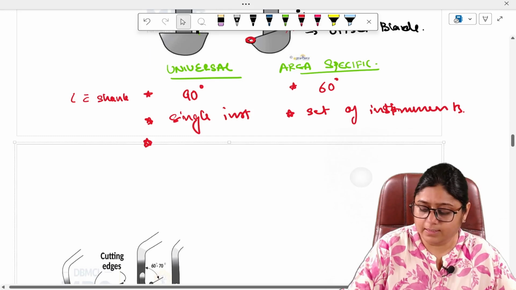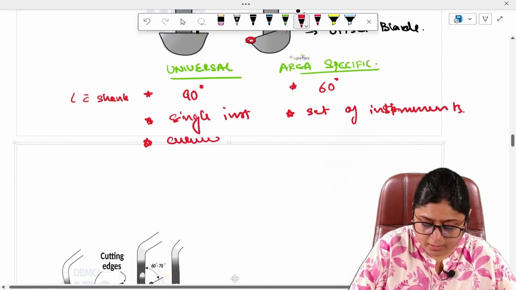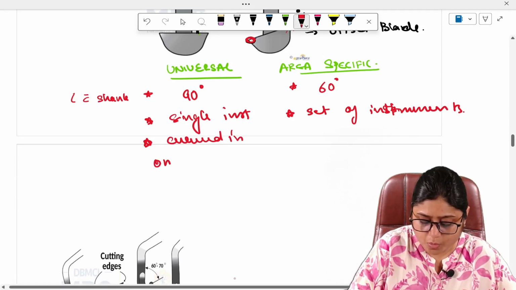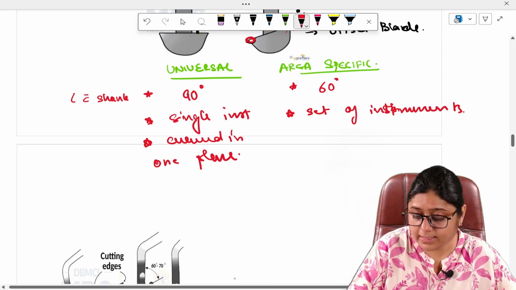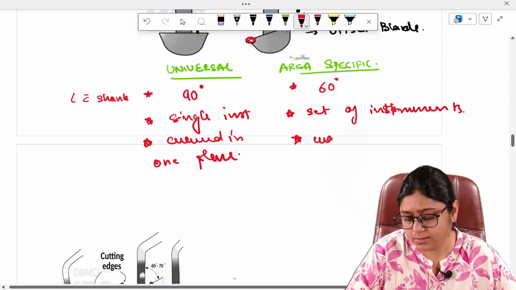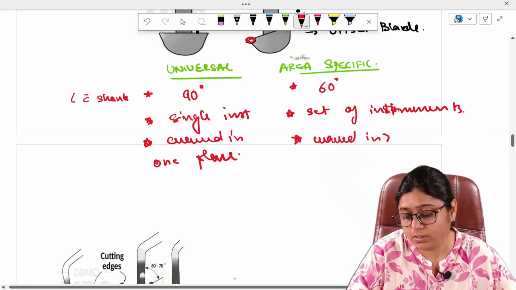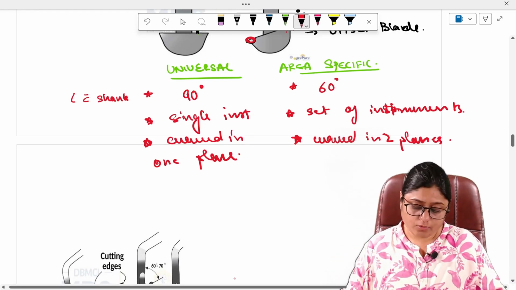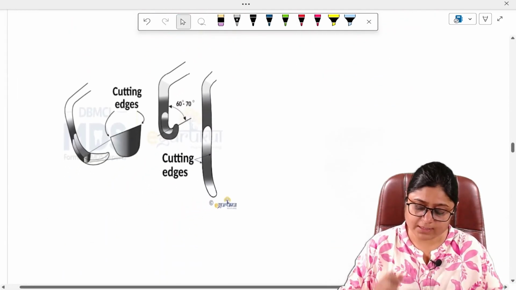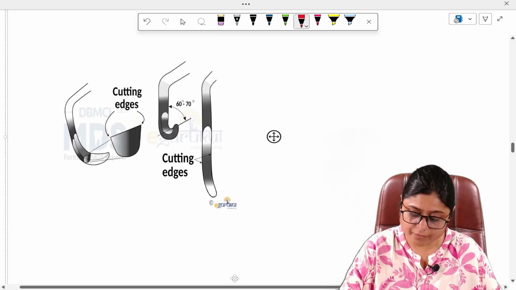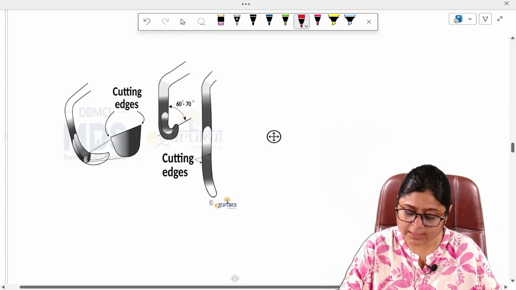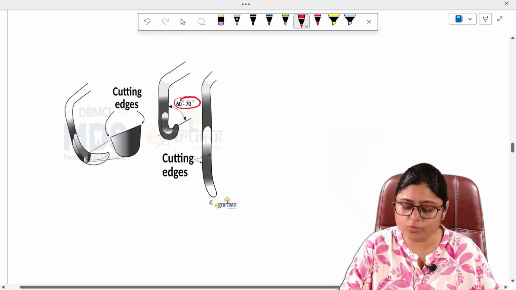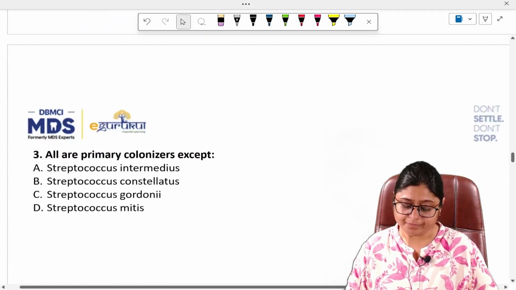This universal curette is curved in one plane, and this area-specific curette is curved in two planes. So this is how an area-specific curette will look. This is the offset blade and it is curved in two planes. This offset blade is mostly at a 60 to 70 degrees angle.